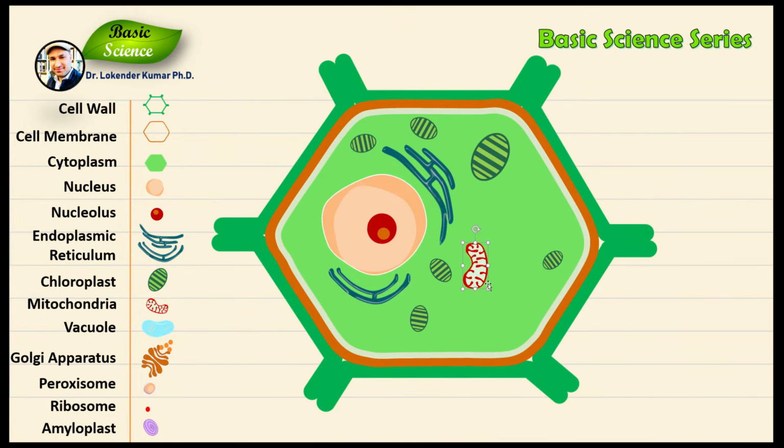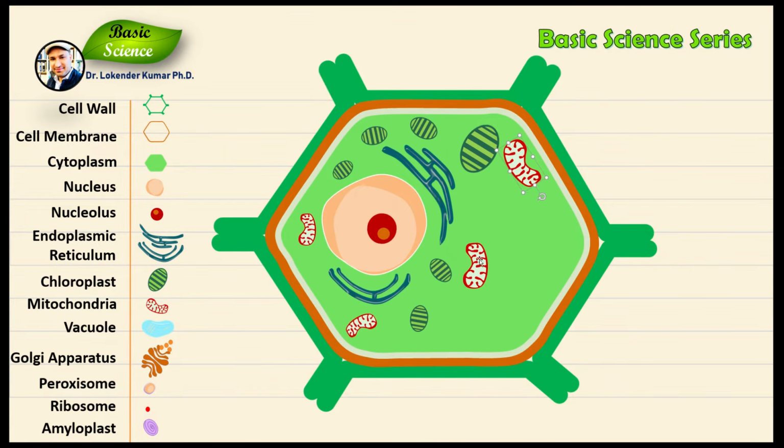There are a number of these mitochondria present inside the eukaryotic cell. So let me evenly distribute them, so that we have these organelles distributed throughout the plant cell.